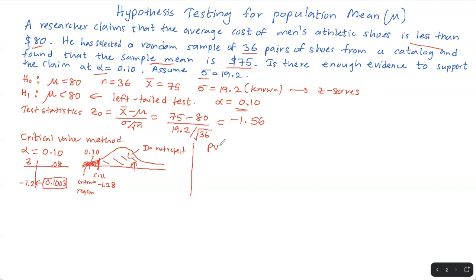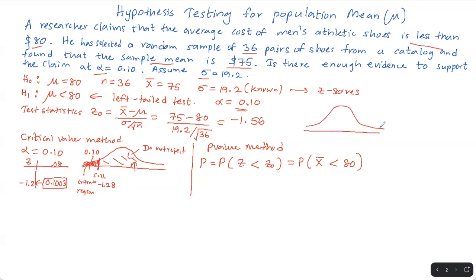And let's look at the p-value method. We need to find the p-value for this test. The p-value is the probability that the z-score is less than z-naught, so we are looking at the extreme cases. This probability is exactly the same as if you look at your x bar values less than $80. So you are looking at this area.